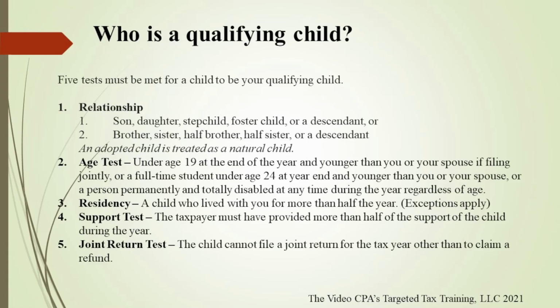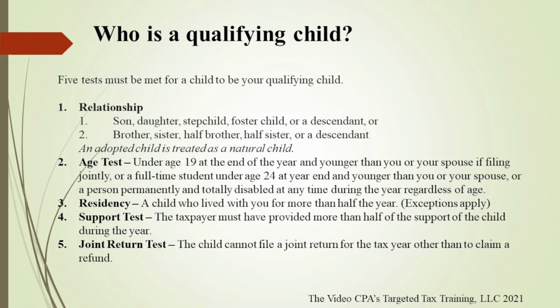So first of all, a qualifying child. There are 5 tests that have to be met for a child to be a qualifying child in order for you to take a dependency exemption for them. First test, there has to be a relationship between you and the child. So it could be a son or a daughter, stepchild, foster child, or a descendant, like a grandchild, of any of those previously mentioned.